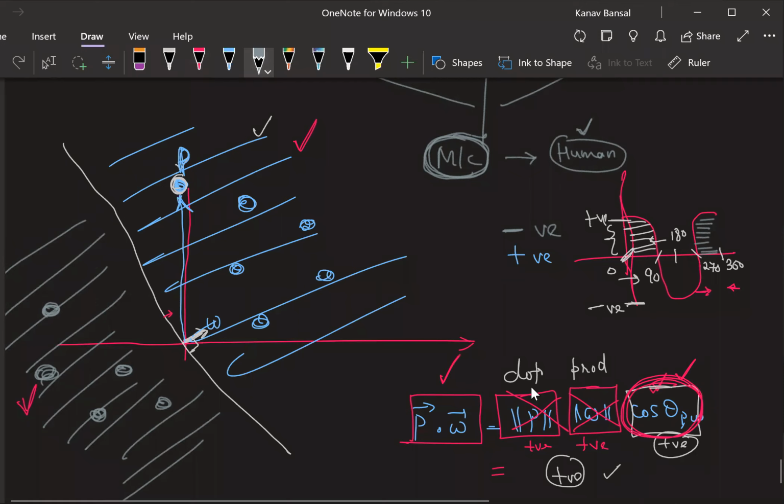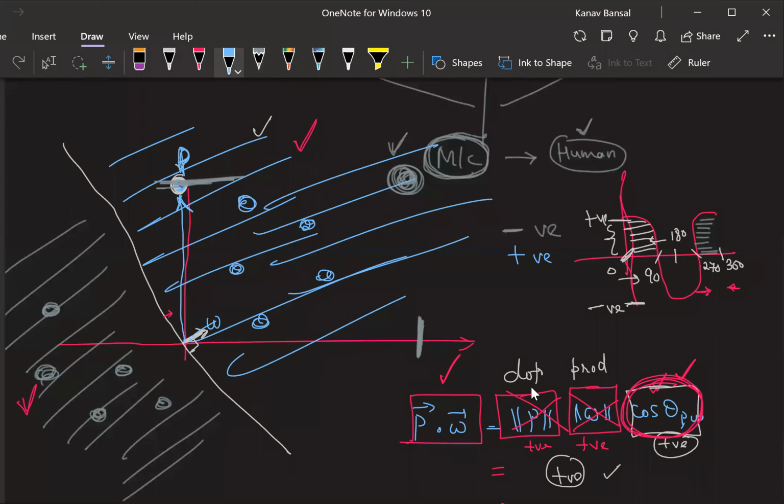Now, given any future data point, let's say somebody tells me this is the height and this is the weight, the point is going to lie here. I can directly tell them whether they are male or female. Because this point is lying on the positive side, I will say they are male. If somebody tells me their height and weight and that point lies here, I can tell them directly that they are female.